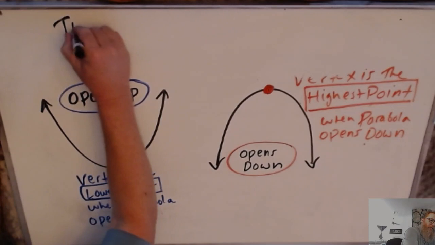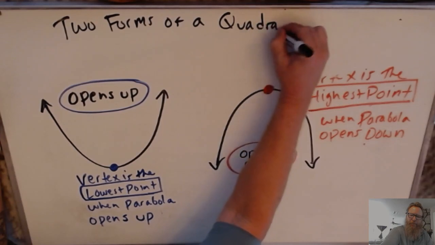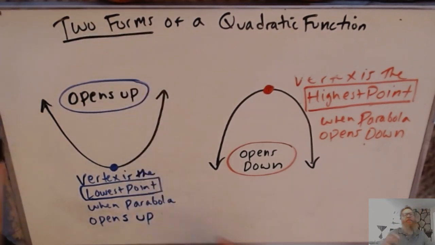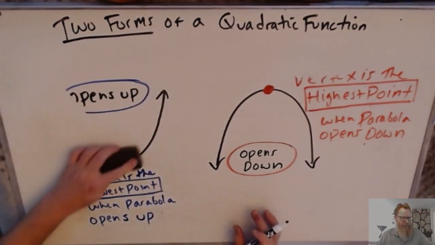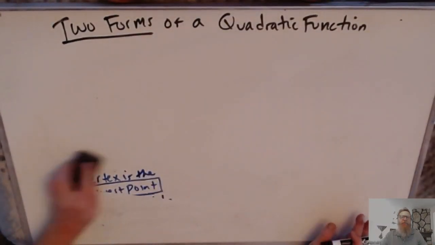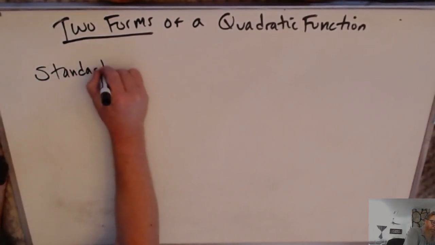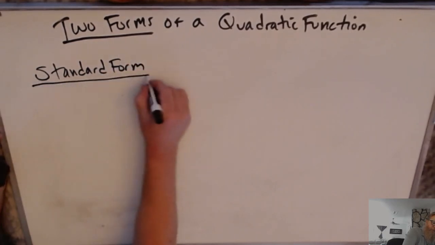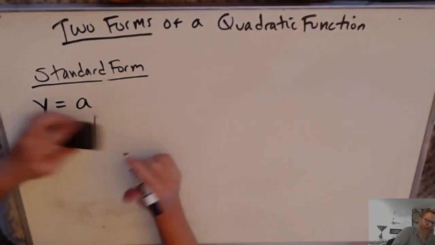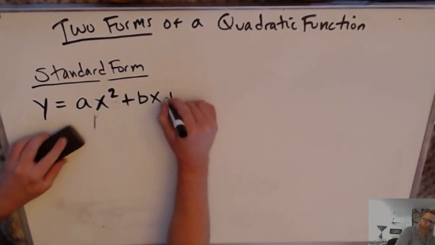We have two forms of a quadratic function. I think of them more like heads and tails. It's two different ways of looking at the same graph. The first form is called standard form. Standard form is y equals ax squared plus bx plus c.